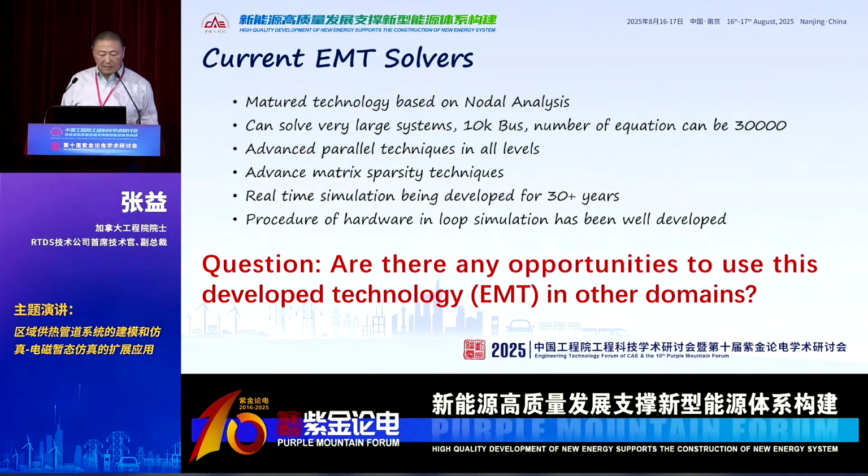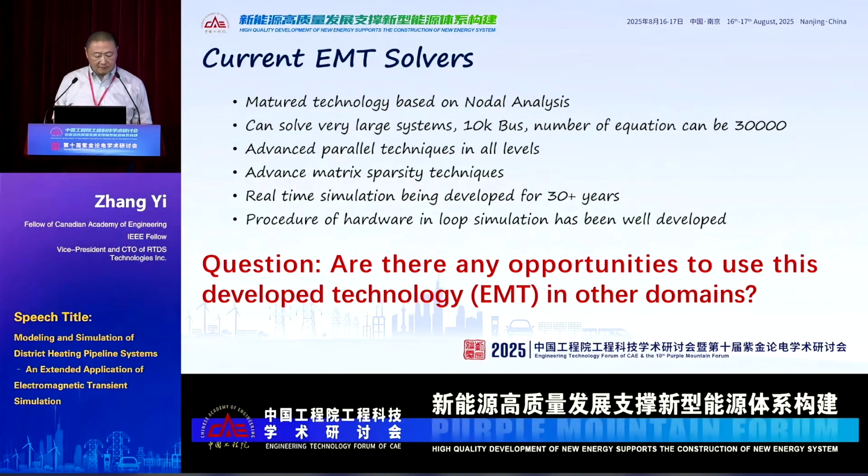But we have solved that problem in the past 60 years. We use advanced parallel technologies at all levels: the component level, the network solution level, and the entire power system level. So that's well developed. And for real-time simulation, we also use lots of matrix sparsity.